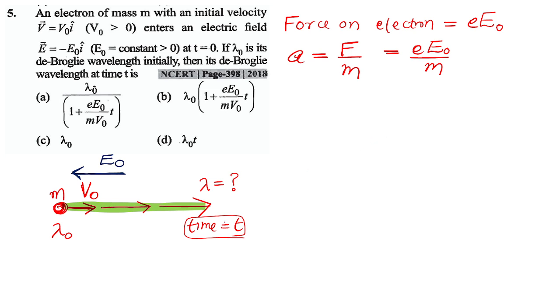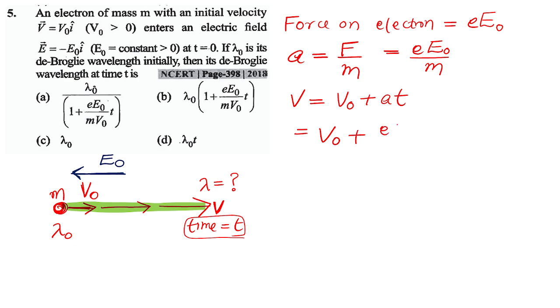So the final velocity, let it be v. With the fixed acceleration, the final velocity v equals u plus at, as you have studied. We have to use that formula: final velocity, v0 plus at. v0 is v0 itself.